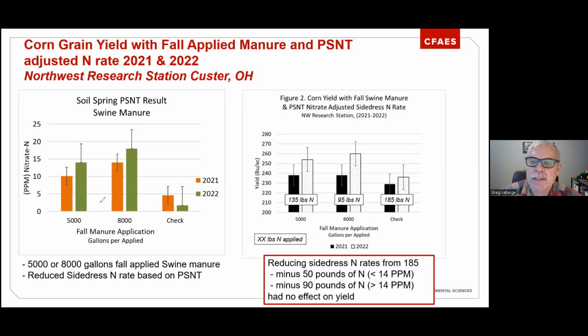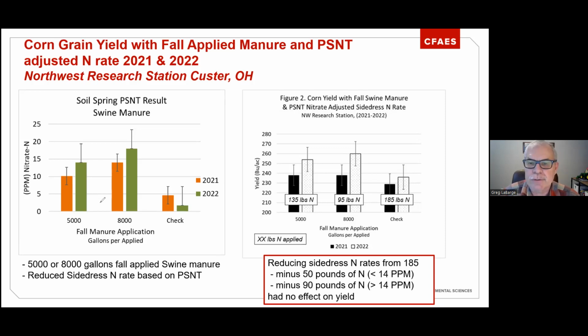Our check, we applied 185 pounds of nitrogen. With our 8,000 gallons of manure, we reduced that by 90, and 95 pounds was applied. And finally, with our 5,000 gallons, we reduced that by 50 pounds, and we applied 135 pounds at side dress.